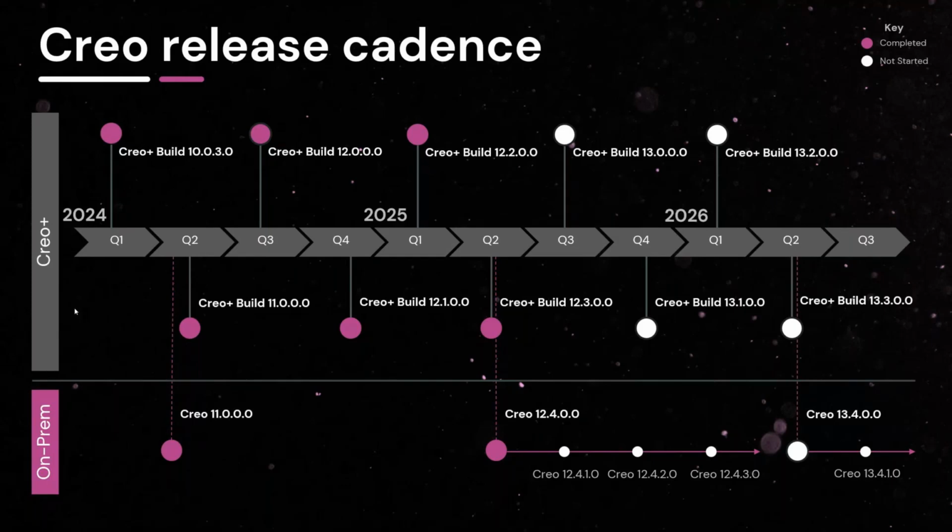If we take a look at the timeline here, you can see that Creo Plus version 12 came out last year in Q3. There's a quarterly release cycle for Creo Plus, and therefore we are now at Creo 12.4 in the development cycle, which is why the on-premise version is coming out at 12.4.